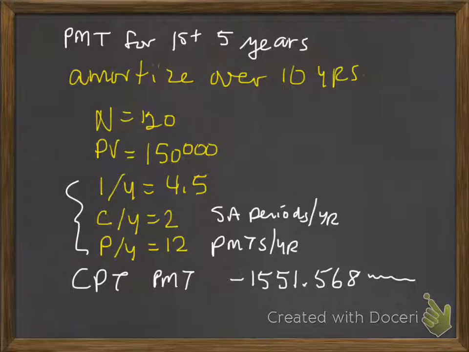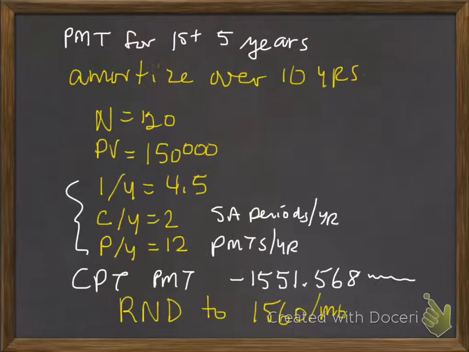And of course, at this point, what you need to do is to round this off to the next $10. You were told to round it off to the next $10. And so we're not going to round it off to 1550, we're going to round it off to 1560. So the payment is going to be $1,560 per month, and what you're going to do now is enter that as your PMT.